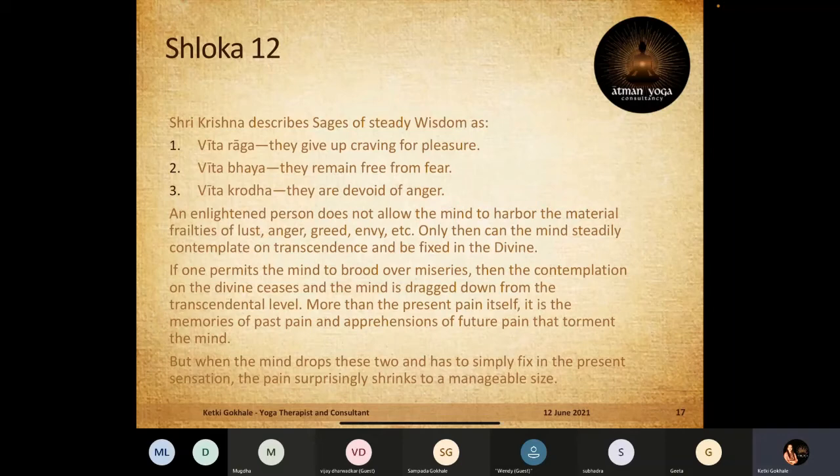It hardly remains in the present moment. And that destroys the peace of your mind more than the present pain. But when the mind drops these two, the past pain and the future pain, and simply fixes on the present sensation, the pain surprisingly shrinks to a manageable size.